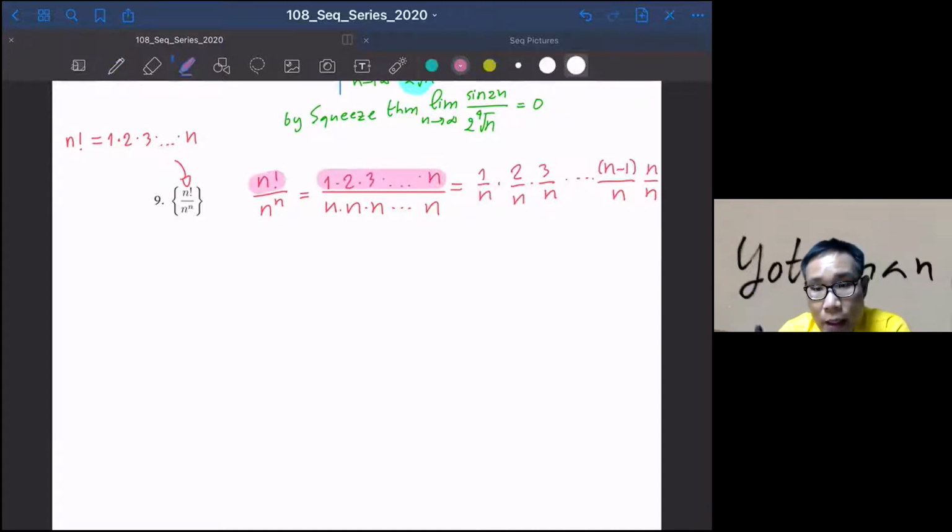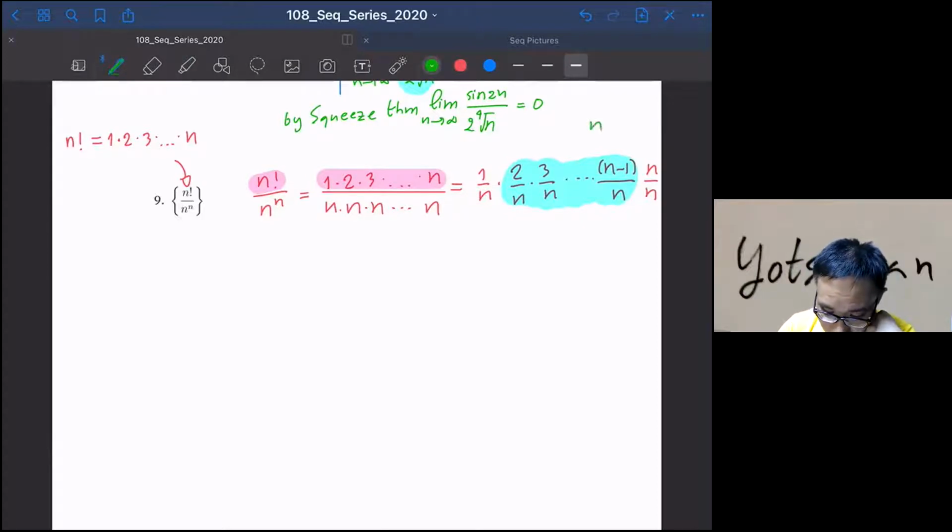Okay, and from here, if you want to use the squeeze theorem, the thing that you must notice is that for n more than 1, this term that I'm going to highlight in blue color, if I ask you what is the value of it, it's going to be 2 over n, 3 over n, and so on.